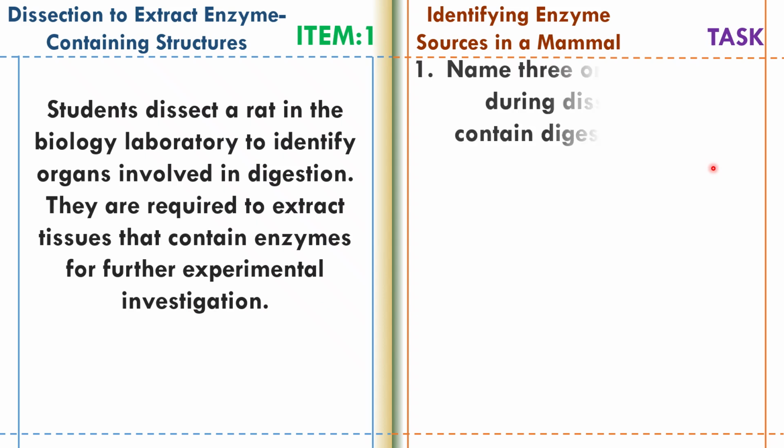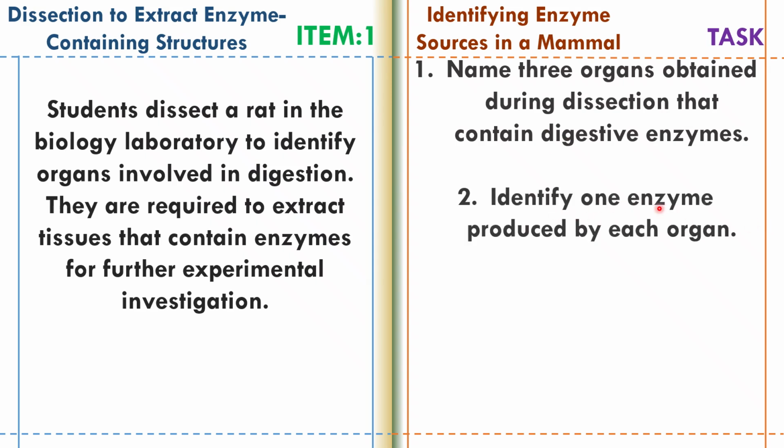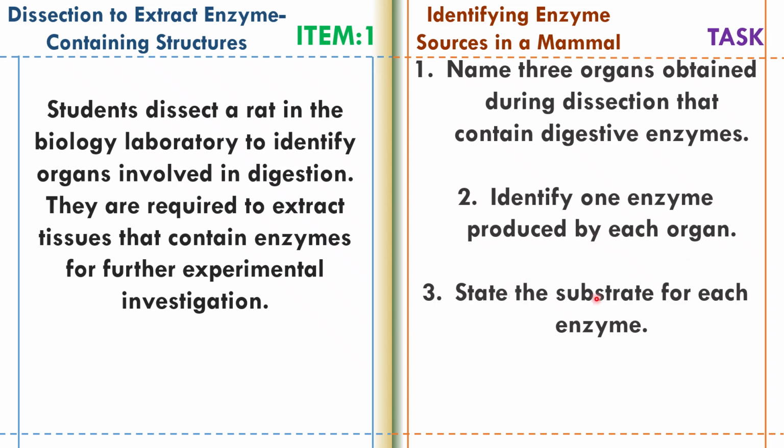Task. Name 3 organs obtained during dissection that contain digestive enzymes. Identify 1 enzyme produced by each organ. State the substrate for each enzyme.